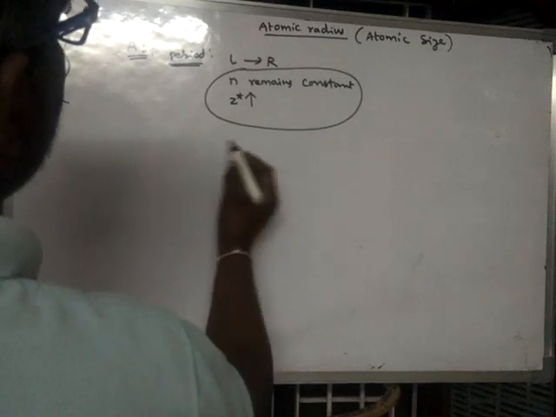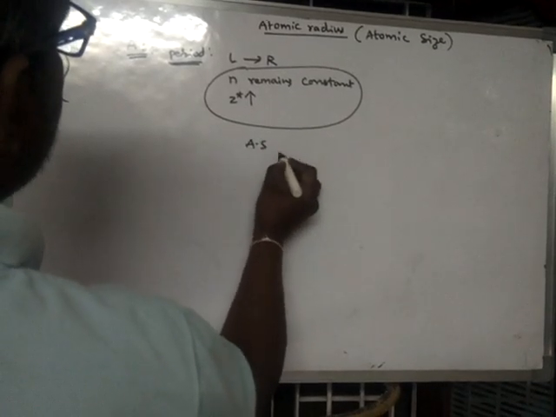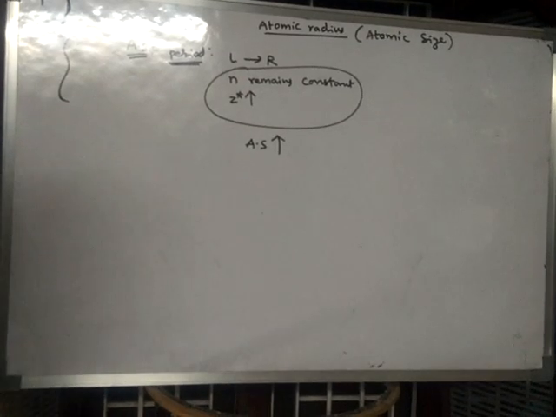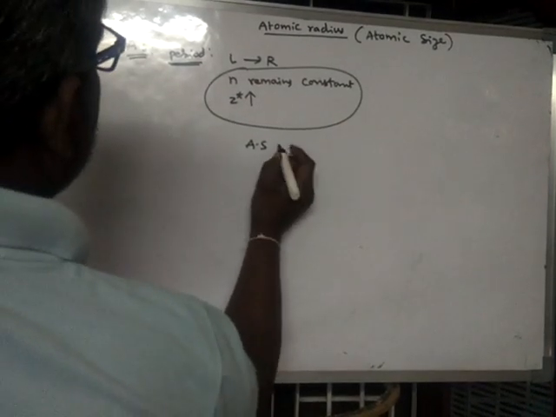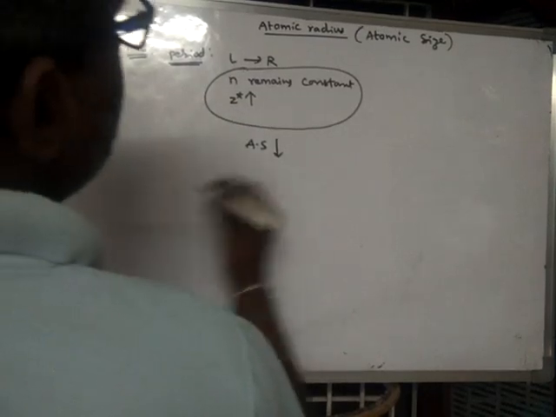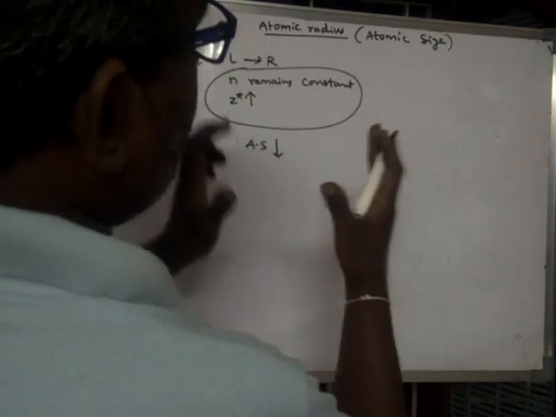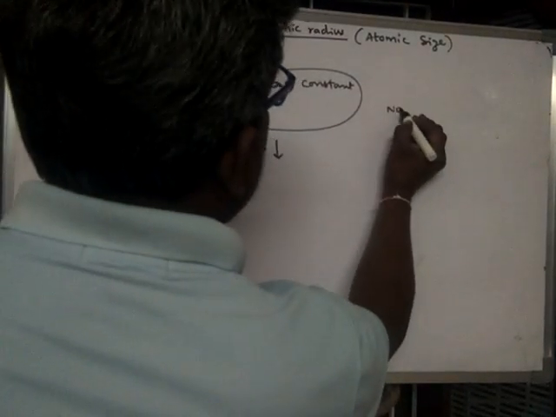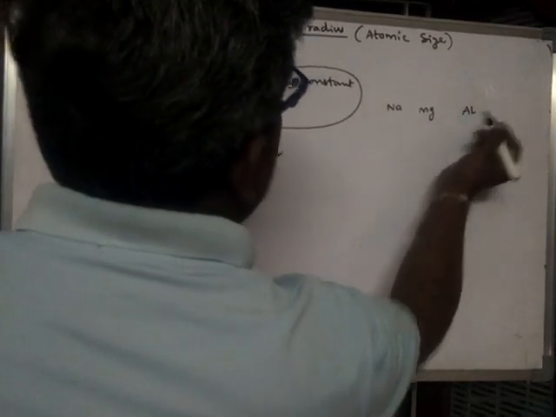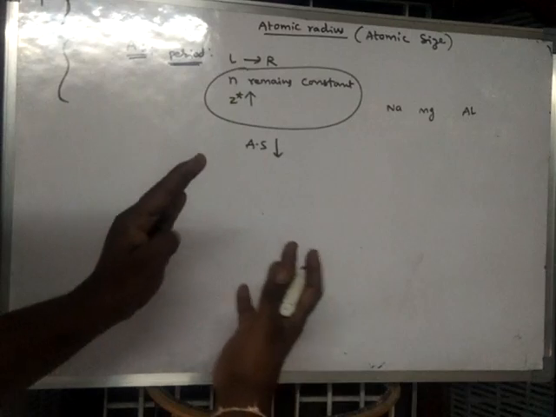Because of these two reasons, what happens to atomic size along a period from left to right? So that means atomic size decreases, not increases. Atomic size decreases when effective nuclear charge increases. From sodium to magnesium and from magnesium to aluminium, the nucleus is becoming more powerful.